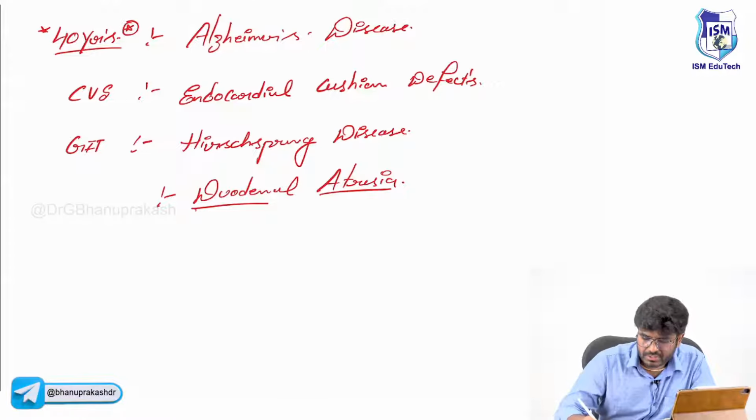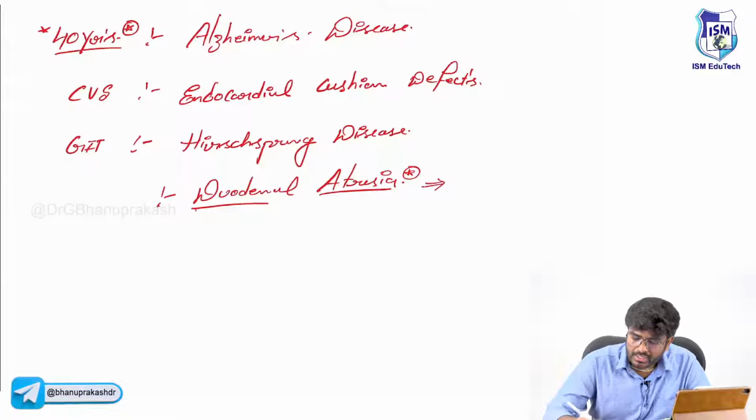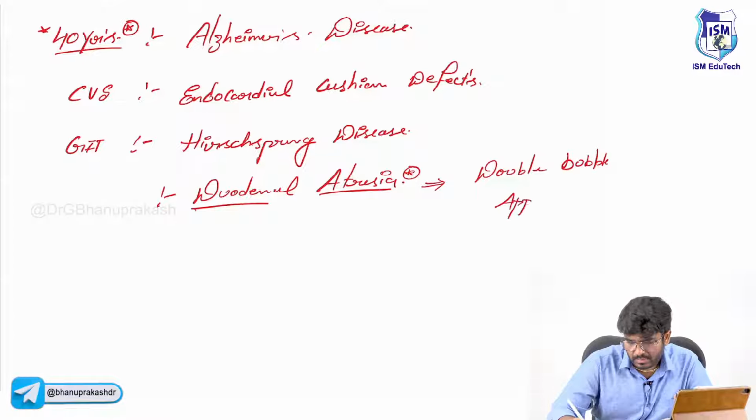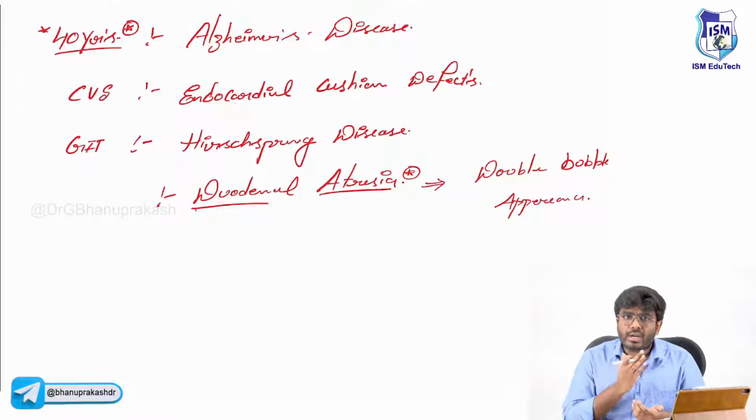This is a very important MCQ. On radiology, how is duodenal atresia going to look? Double bubble appearance. We have completed Alzheimer's disease, endocardial cushion defects, and GIT abnormalities.